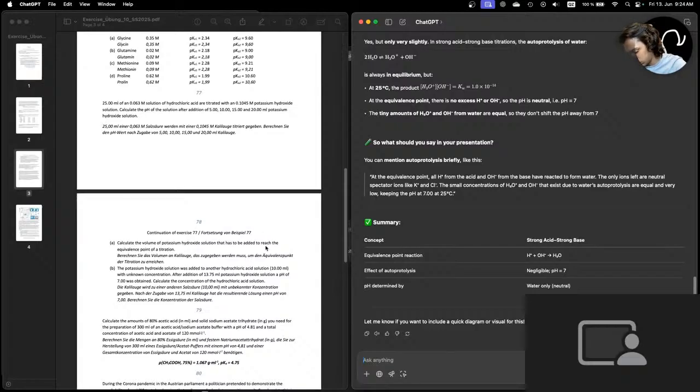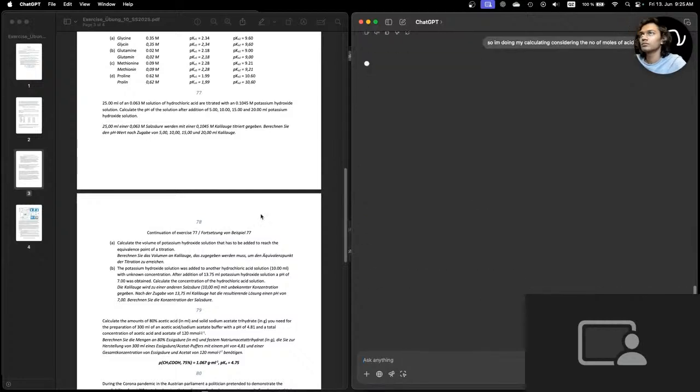So, number of moles at equivalence point. Calculation, yeah.